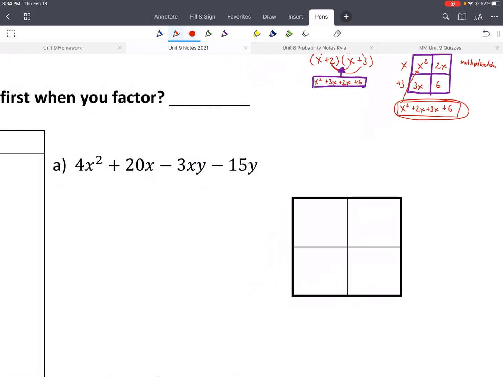What we'll do is take those 4 terms and put them into our box. So we'll do 4x squared, and then 20x, and then negative 3xy, and then negative 15y. Just like here, we took our first term and put it in here.